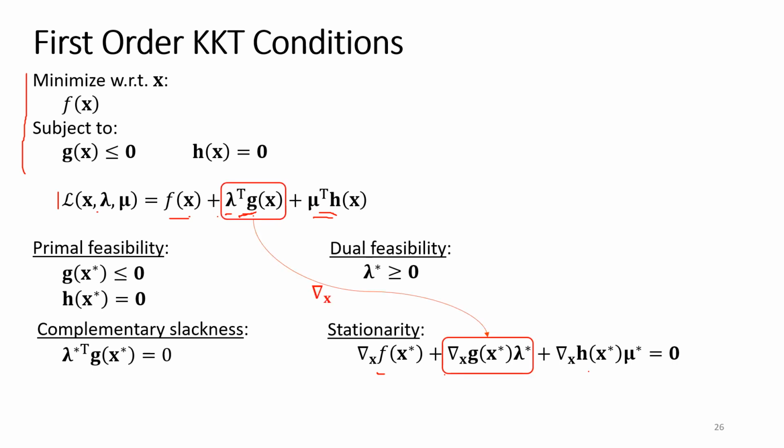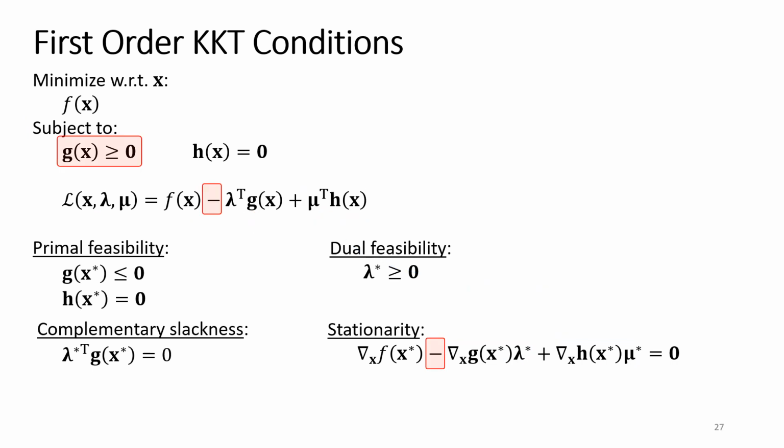So the derivative of lambda transpose g of x is the Jacobian del g of x times lambda, and at the saddle point we put x star and lambda star. Likewise, the derivative of mu transpose h is del h times mu, and we replace x and mu with x star and mu star, which are at the saddle point.